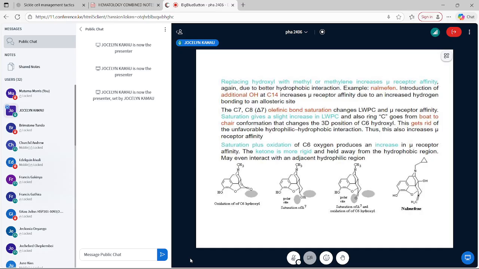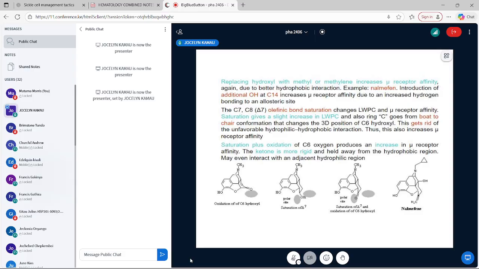But before we move on to the next structural modification, we discussed how you can change the substituent on the nitrogen. We said methyl is optimal, ethyl is acceptable, anything between 3 and 5 carbons brings about antagonist activity.